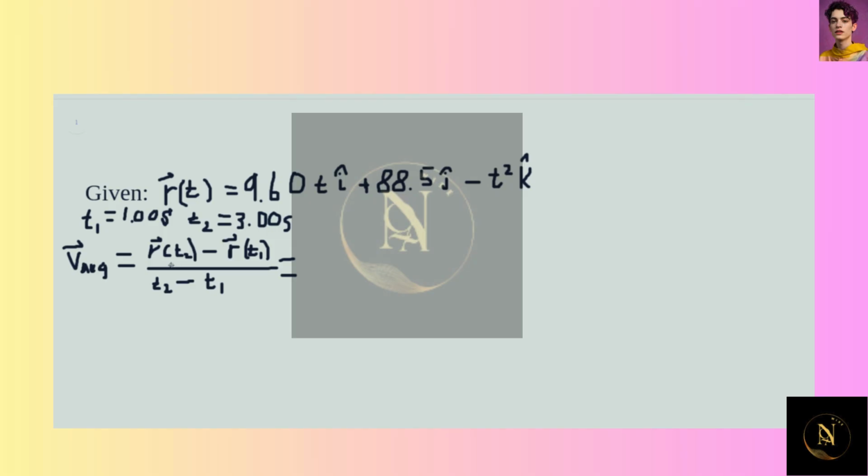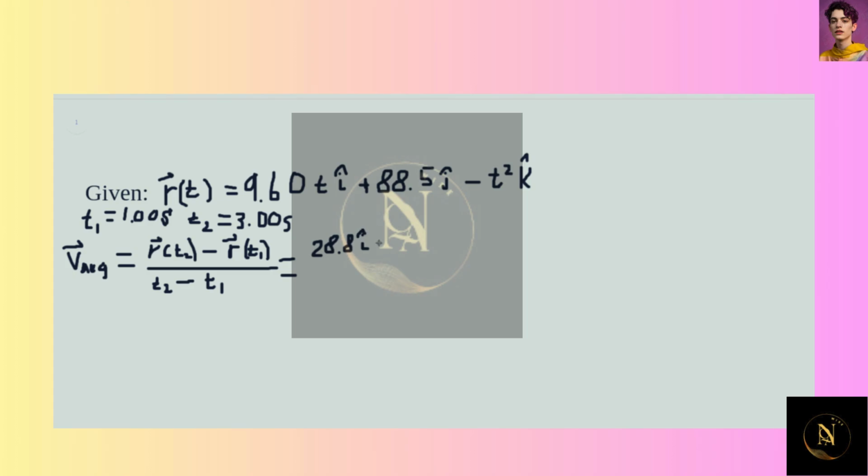Well, r of t2, we're just going to plug in the values for t2 into r of t. So the first one is 9.60 times t2, which is 3. So 9.60 times 3, which is 28.8, and that is in the i hat direction.